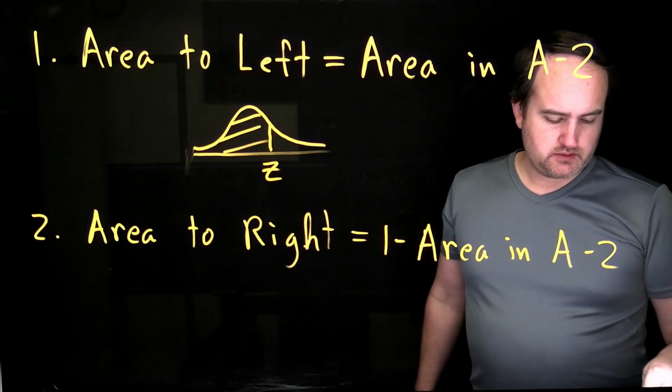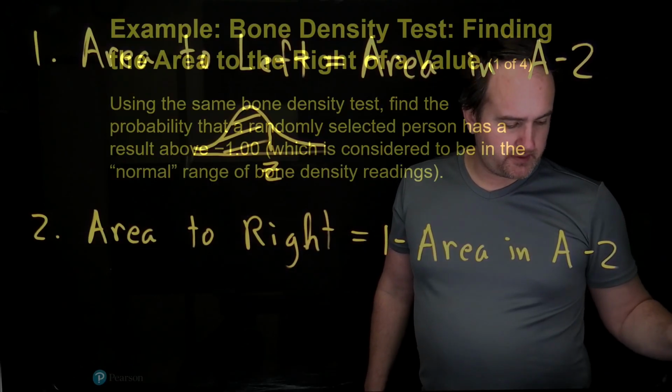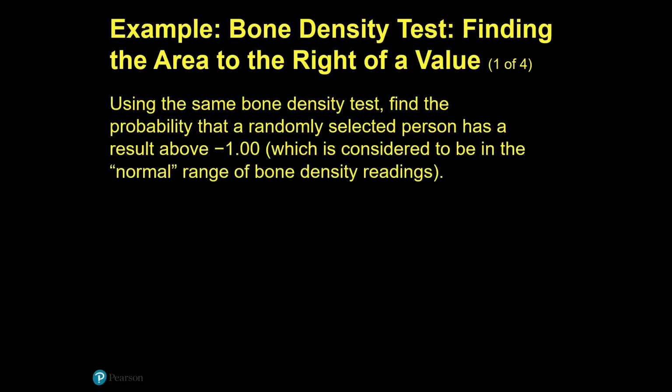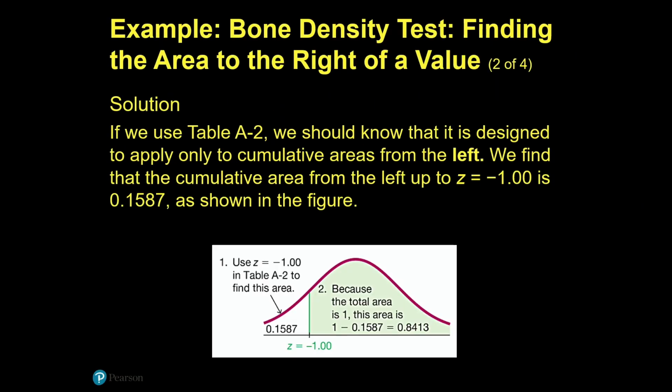Going back to our example here, if we use table A2, we should know, as I just said, that it is designed to apply only to cumulative areas from the left. We find that the cumulative area from the left up to z equals negative 1.00 is 0.1587. But we're trying to find this area to the right.